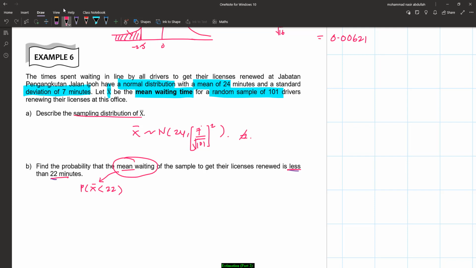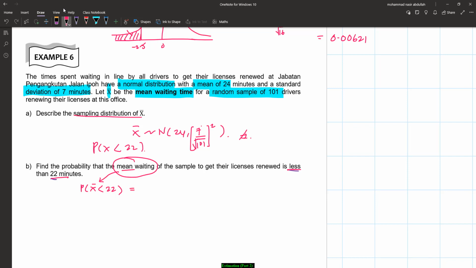If it said the probability of waiting time only, it would be the probability of x less than 22. But since it says the mean waiting time, it is x bar.